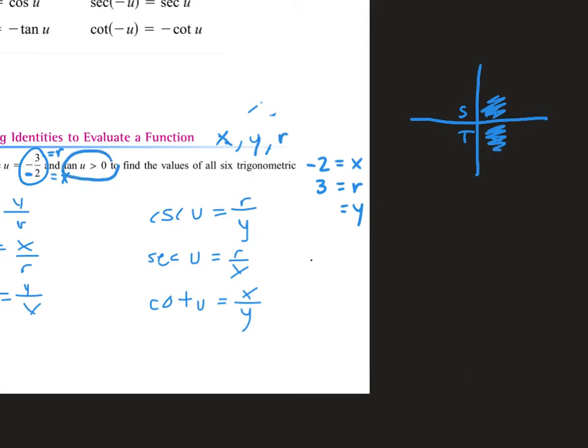Quadrant 2, the one with sine. So we're just looking at the third quadrant. That means the only things that are positive are tangent and cotangent. Everything else is going to be negative.